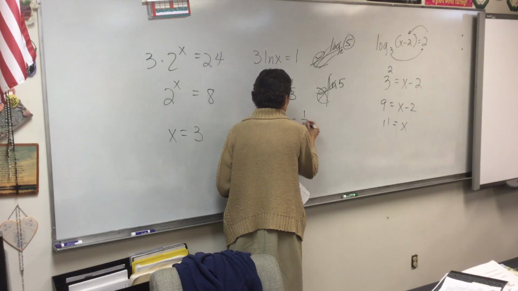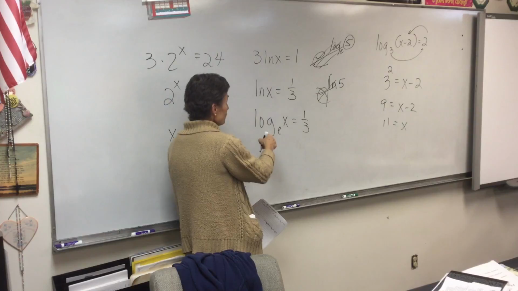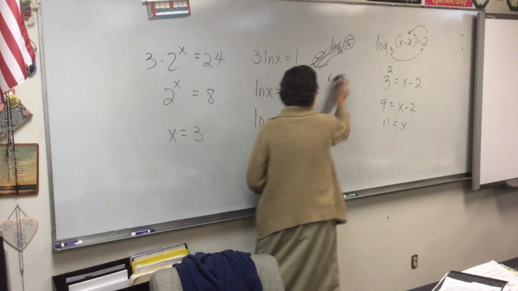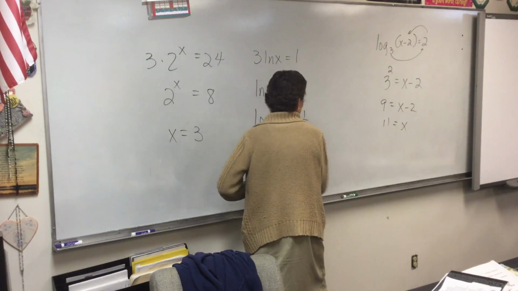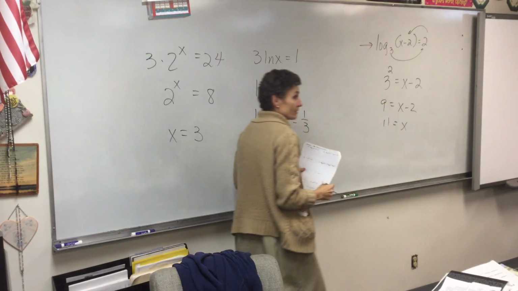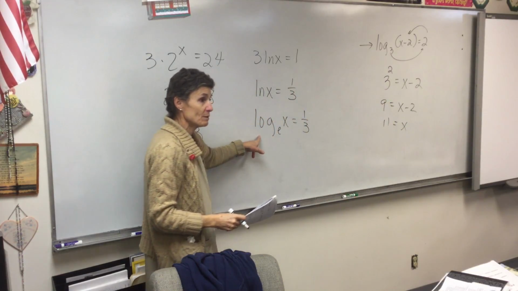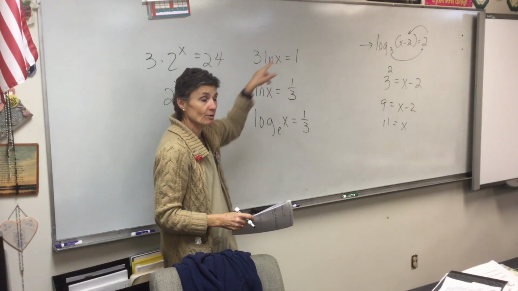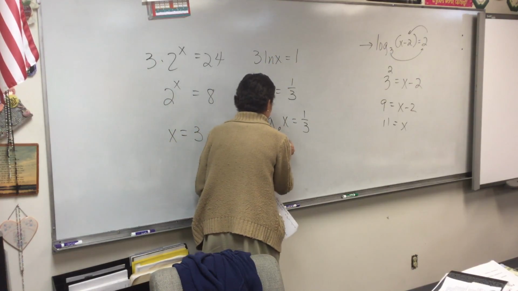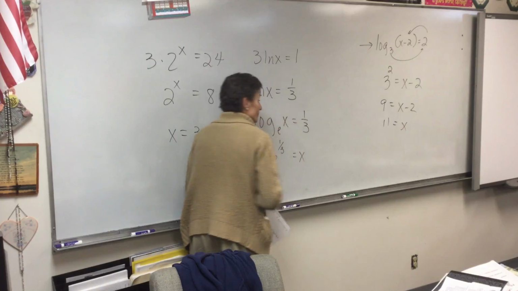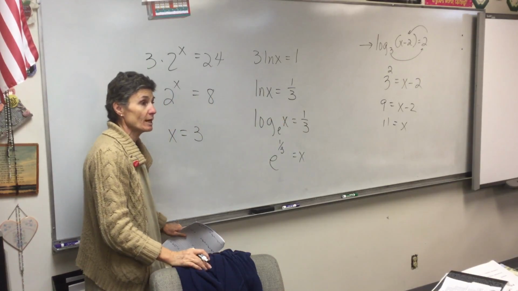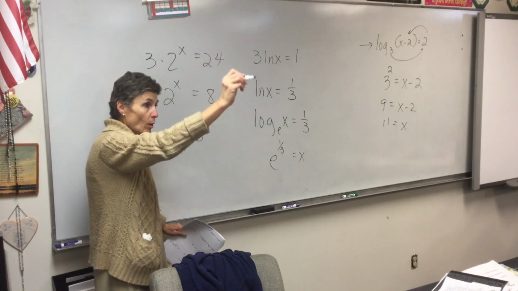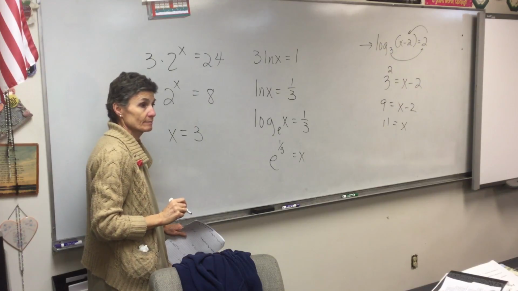You need to remember that. If you remember that, then it becomes exactly like Nick's problem right here. How would this one be rewritten? E to the 1/3 equals x. And that's it. You're done. E to the 1/3 equals x.